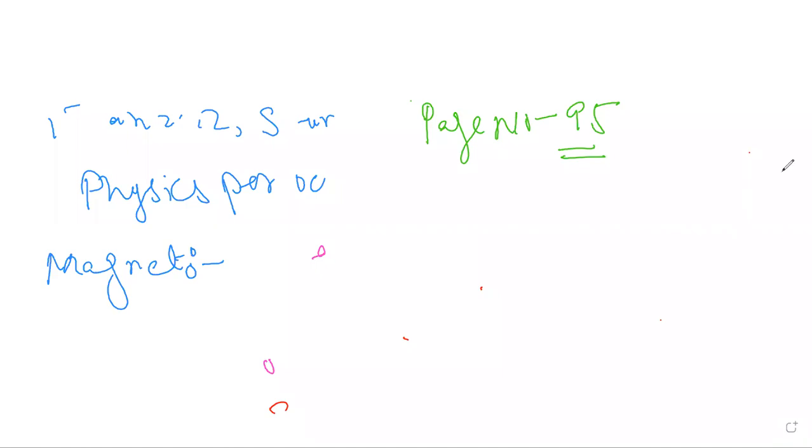Okay, continue with your reading. A magnet can be demagnetized in the following ways. This is very important. How to demagnetize the magnet. Listen to me first.